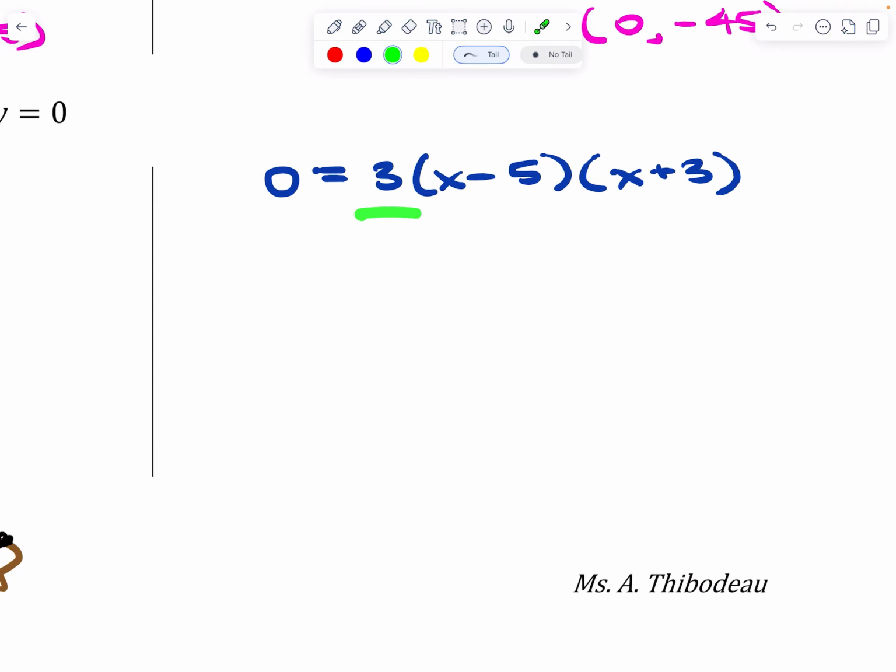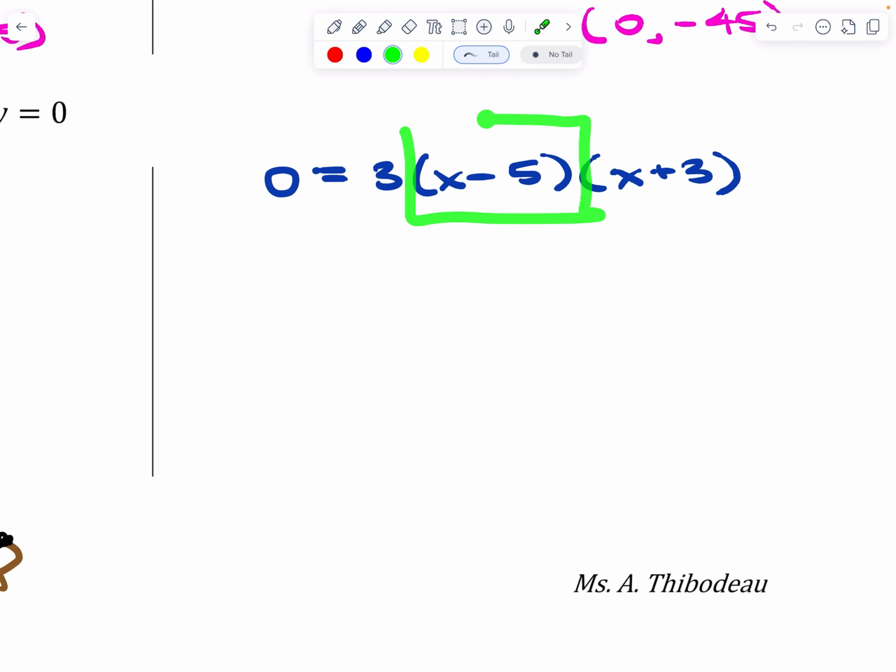If you have some things getting multiplied together and the result is 0, then one of those things must be equal to 0. So it could be that this factor over here is 0, this x plus 3.